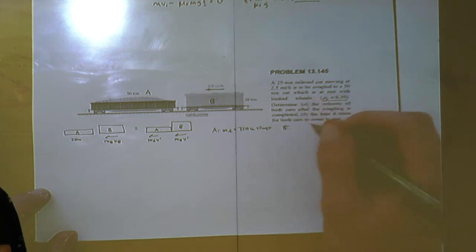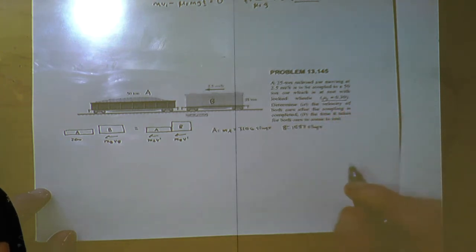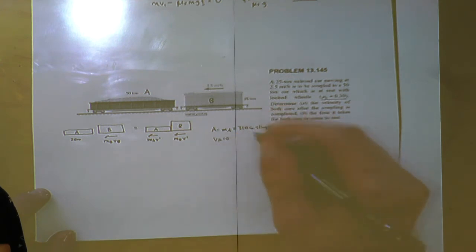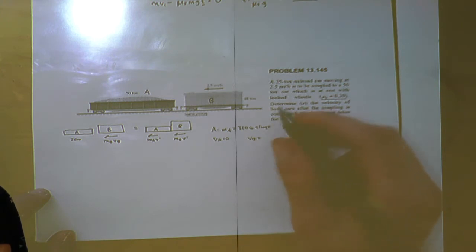For B, it's 25 tons, so it'll be 1,553 slugs. We have VA is equal to 0, and VB is given in miles an hour, and if you solve that for feet per second, it comes out to 3.6 repeating.